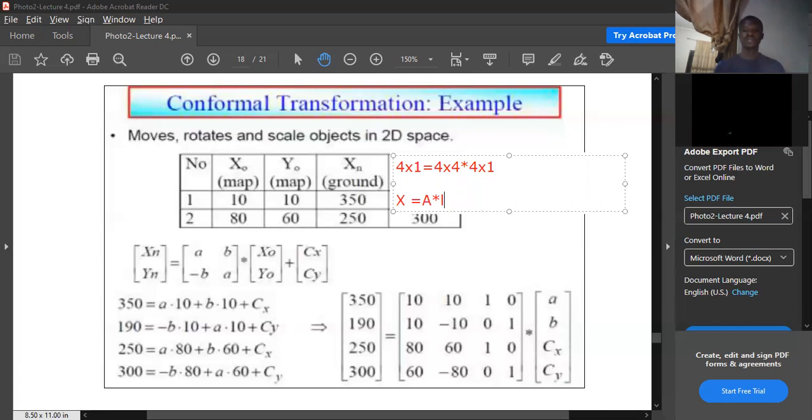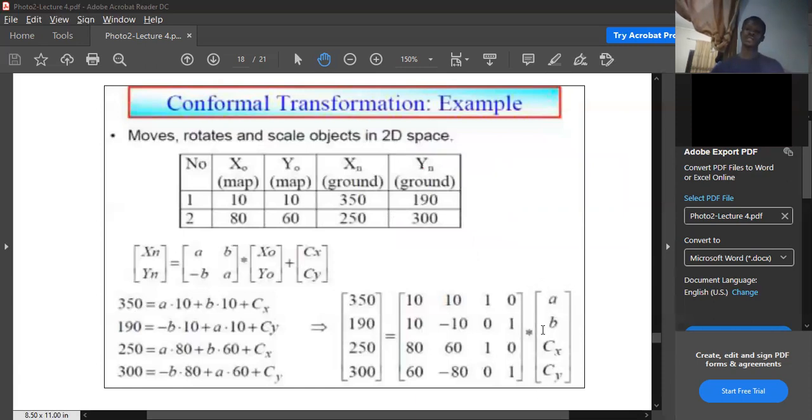I don't know whether we call it L or something like that. Then obviously we can find the unknown parameters equal to x times A inverse. So, this is not -1. This is like A inverse, the inverse of this, if A is a matrix. So there we go. We solve for this.